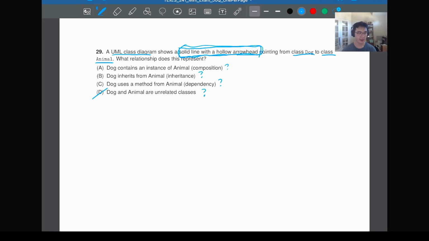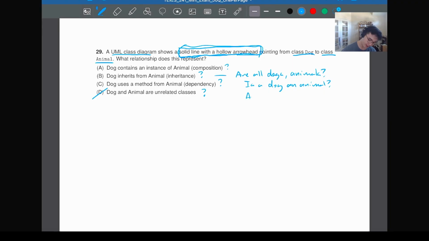B. Does the dog inherit from animal? You can ask yourself this question for inheritance. Are all dogs animals? Basically, is a dog an animal?